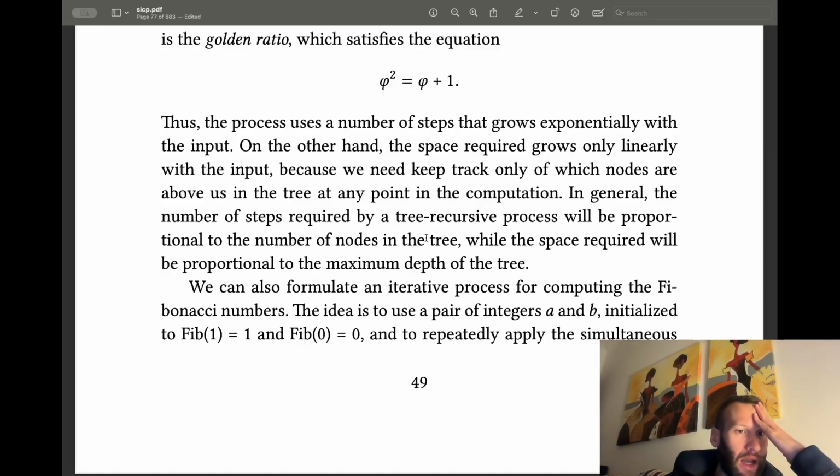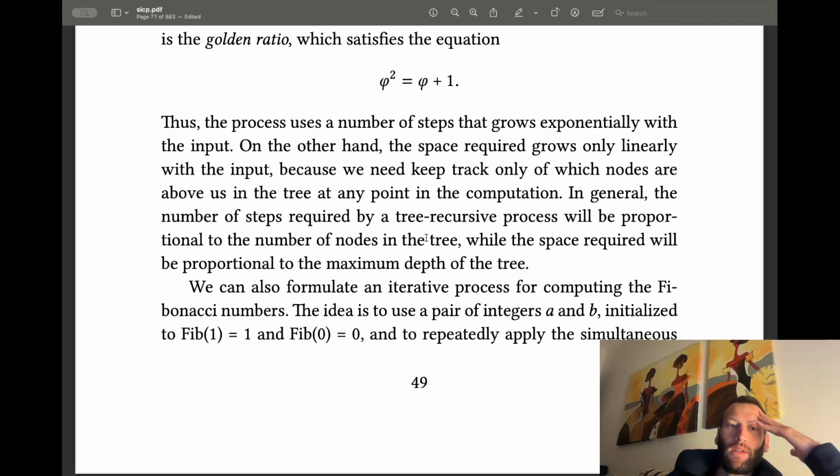In general, the number of steps required by a tree recursive process will be proportional to the number of nodes in the tree, while the space required will be proportional to the maximum depth of the tree.